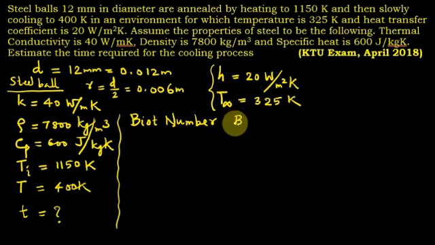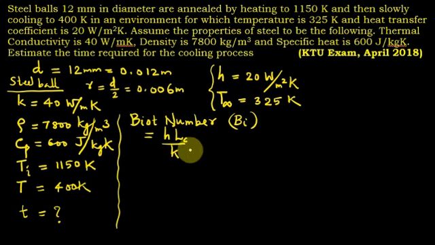So Biot number, we'll write Bi, is equal to h Lc, characteristic length, divided by thermal conductivity of the solid. It's not the thermal conductivity of the fluid. In the Nusselt number, hL by k, k is the thermal conductivity of the fluid. This is the thermal conductivity of the solid steel here.